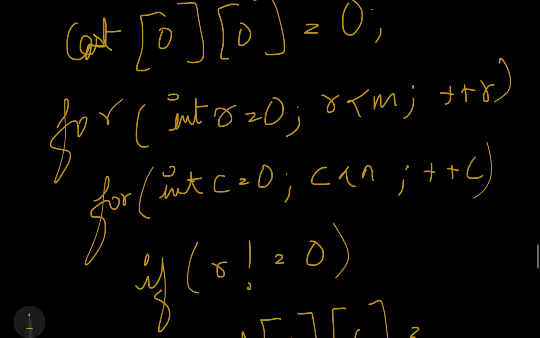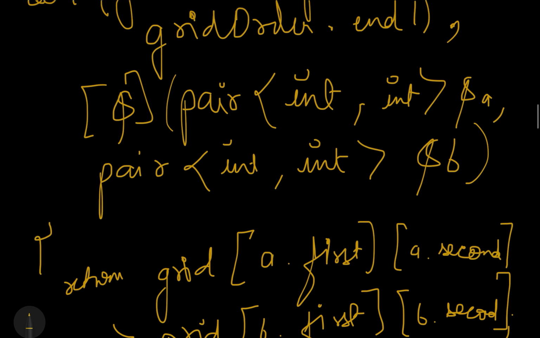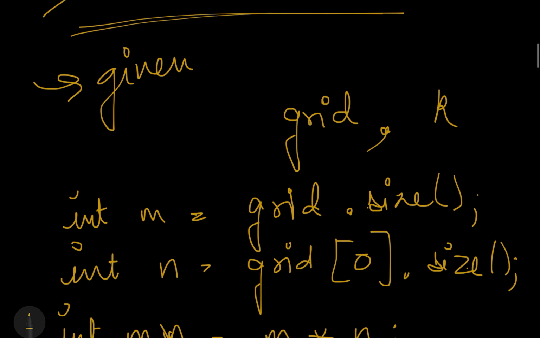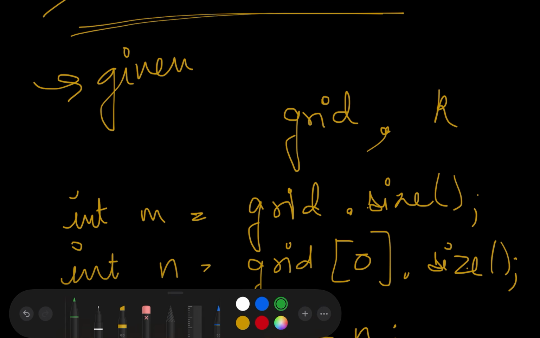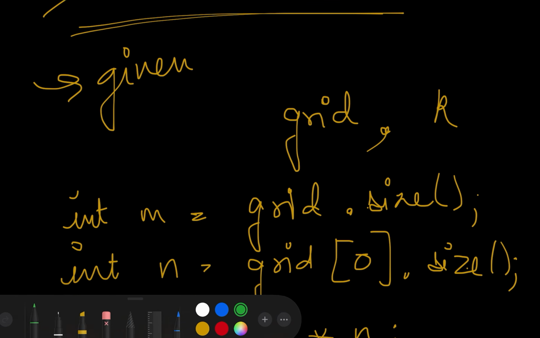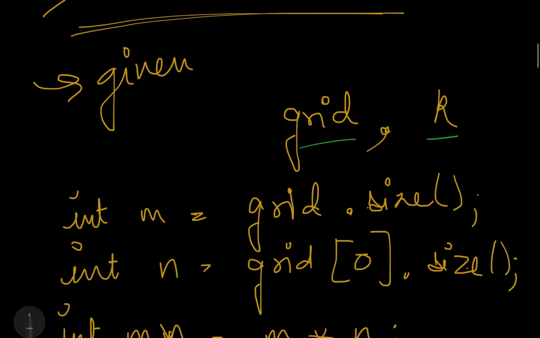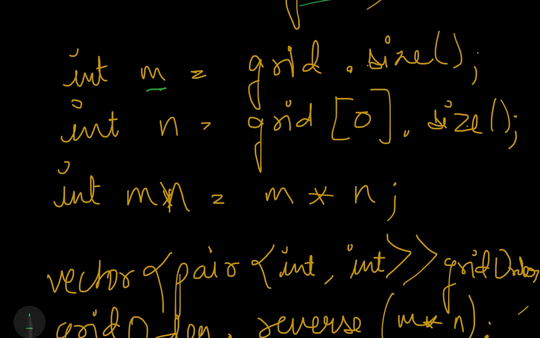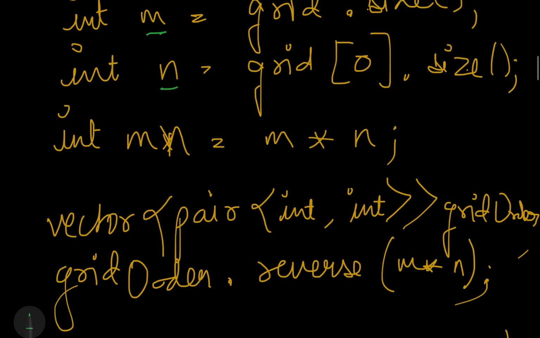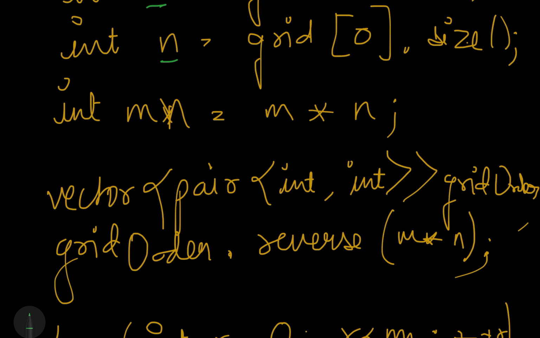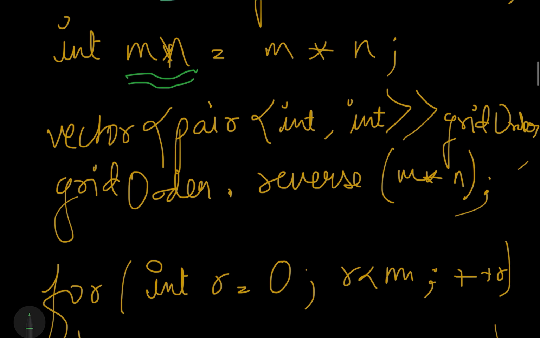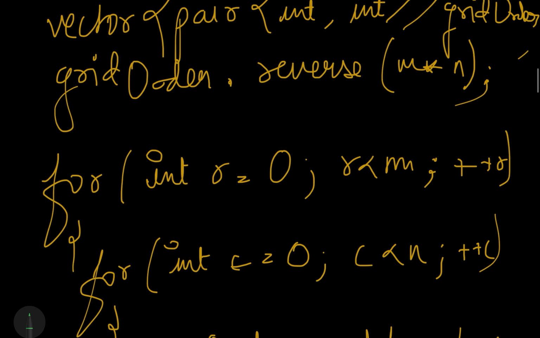Let's look through the entire problem and what we have done. Quickly, our grid and k were given. We have taken two variables to store the number of rows and columns of our grid. Then we have taken m times n to find the number of cells in our grid.